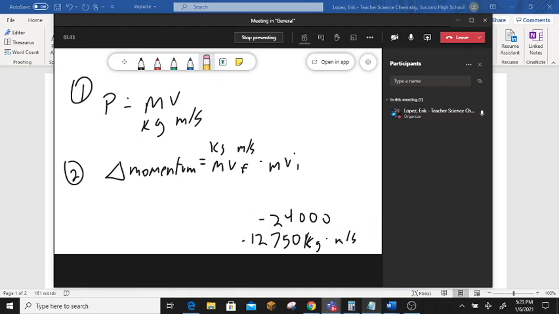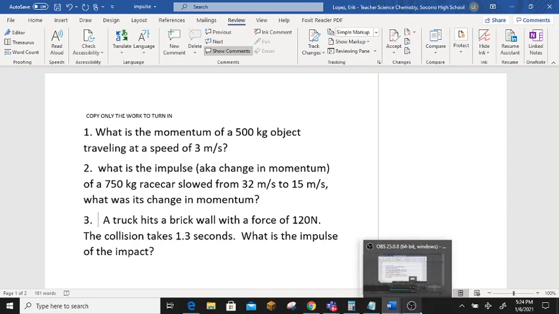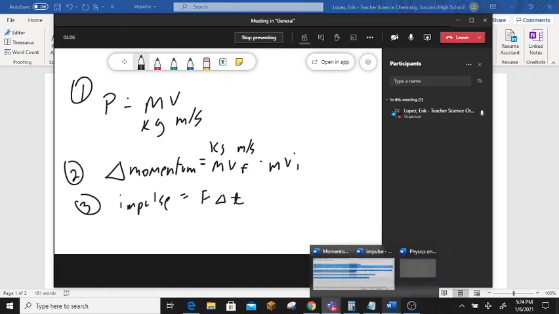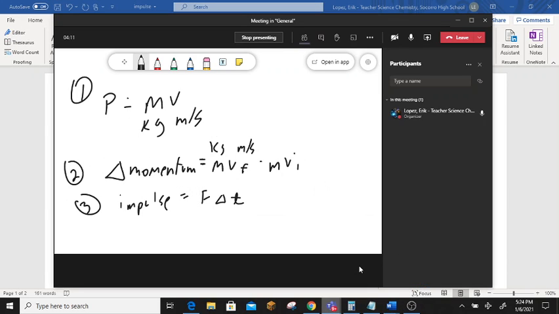Okay, and our last formula that we're going to use is the next example. A truck hits a brick wall with a force of 120 newtons. The collision takes 1.3 seconds. What's the impulse? So the third formula is impulse equals force times the change in time. And the force here is 120 and 1.3 seconds.